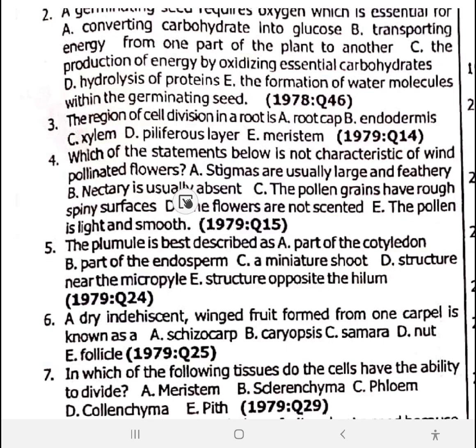Nectars are usually absent. They're asking for what is not a characteristic of wind pollinated flower. Number 4 is option C. The pollen grains have rough spiny surfaces. No, this one is for insect pollinated flowers. Remember, we said the pollens are heavy, sticky, rough, and they are few.